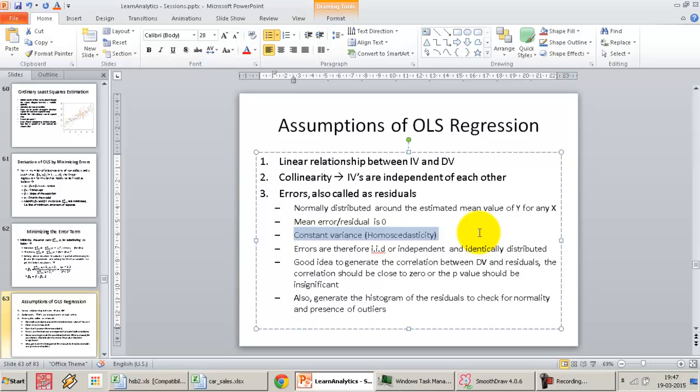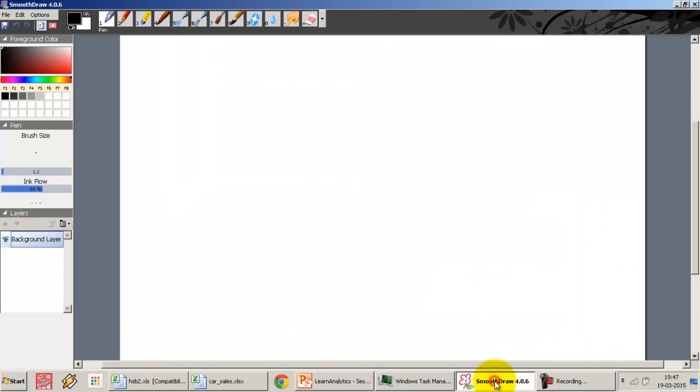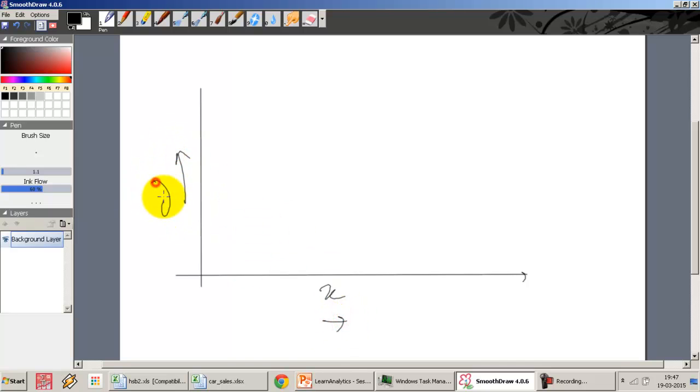For example, let's go back to the SmoothDraw program, and let's say we are building a regression model on a scatter diagram again of x and y. So I build my axis over here. I've got the x-axis pertaining to the variable x, and the y-axis pertaining to the variable y.